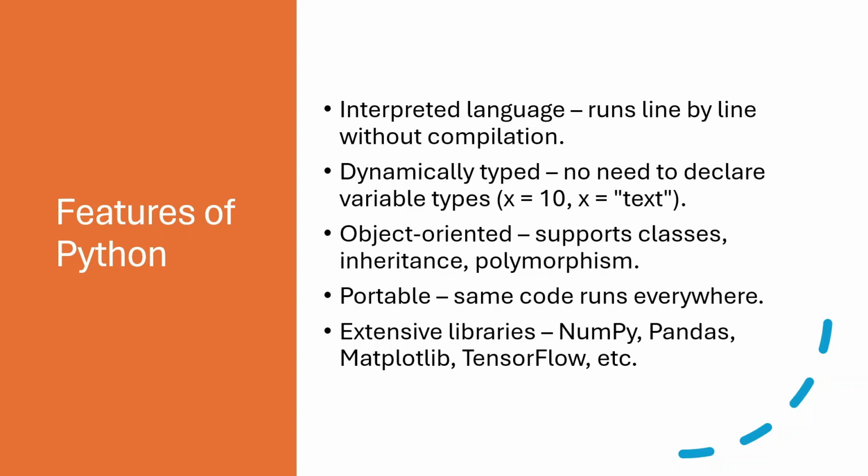We will see this. It is object oriented, supporting classes, inheritance, and polymorphism. It's portable, the same code runs everywhere. And it has extensive libraries, as I always say; we will see NumPy, Pandas, Matplotlib, and TensorFlow.